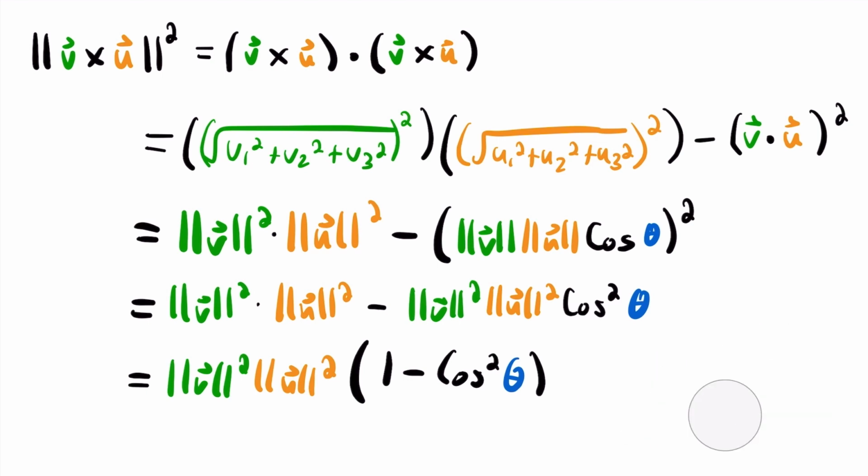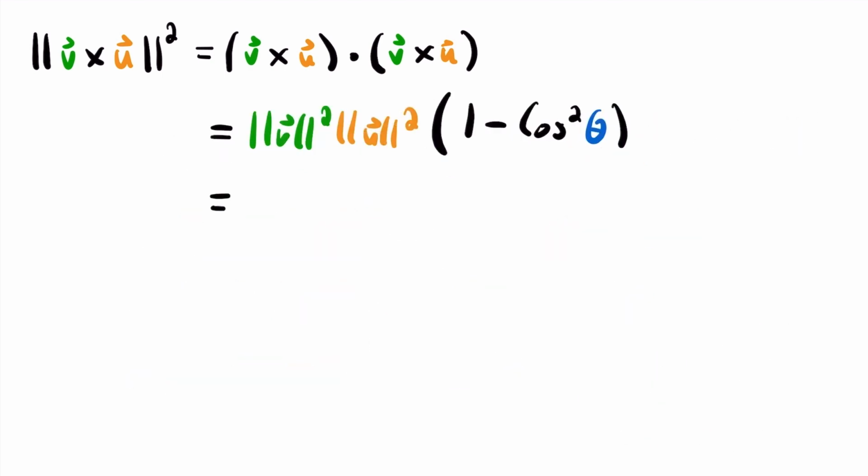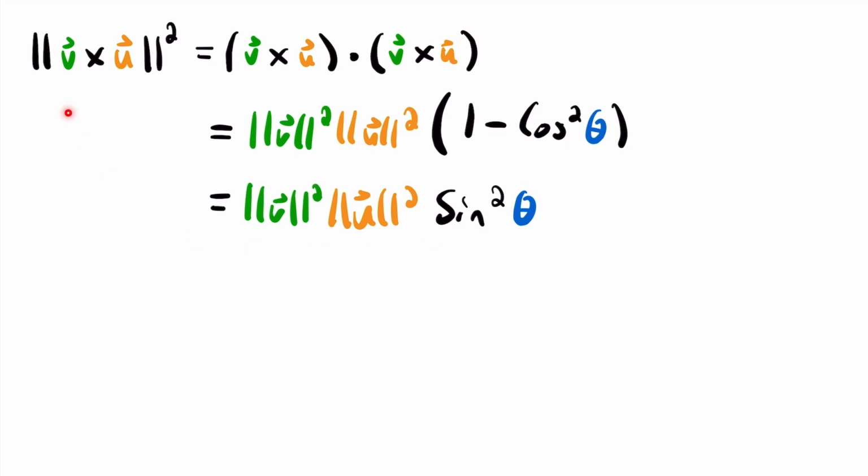So now let's rewrite that. We'll have that this is equal to the magnitude of vector v squared times the magnitude of vector u squared times sine squared theta. And now we are on to our final step, which is to take the square root of both sides of the equation, because if you remember, we are saying that the magnitude of vector v cross vector u squared is equal to this expression.